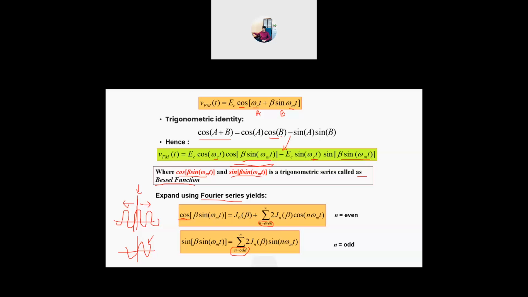They just mention, for example, cos(beta sin omega_m t) is equal to J_0(beta) plus 2 sigma n equals 1 to infinity J_2n(beta) cos(2n omega_m t), and the sine they put as sigma n equals 1 to infinity.